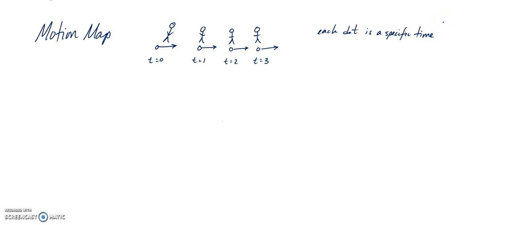And when you place these dots, they're going to be at regular intervals. We're not going to say we'll put one at 1 second, and then 2 seconds, then 2.1 seconds. They're going to be at nice regular intervals of time. What it does is show you the dots. So at 0 seconds we were here, at 1 second we're here, and so forth. And it's showing you the motion of the person.